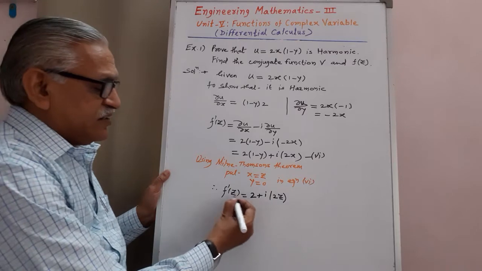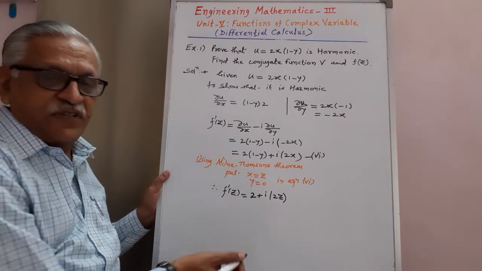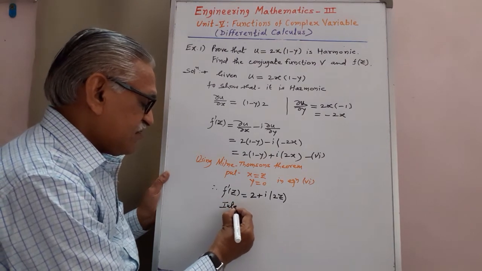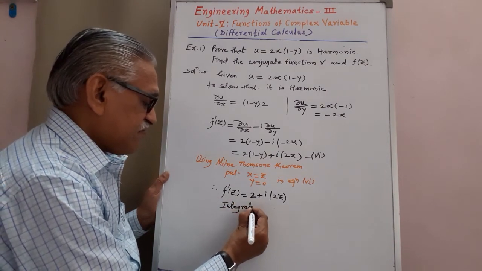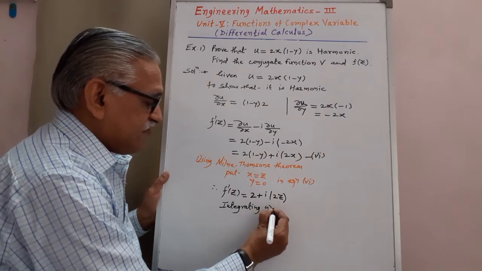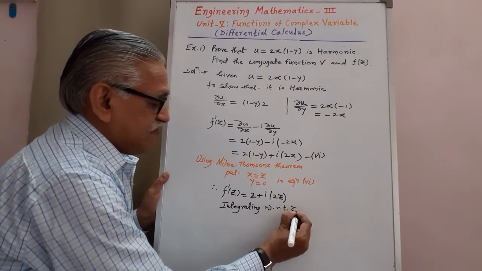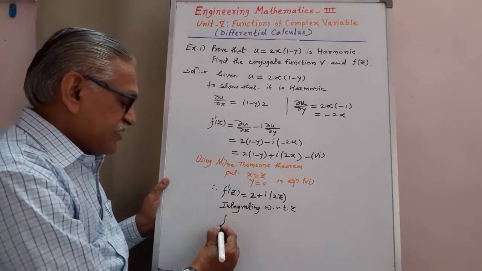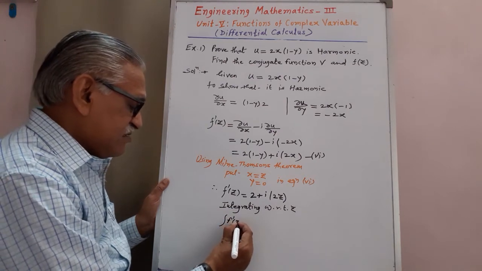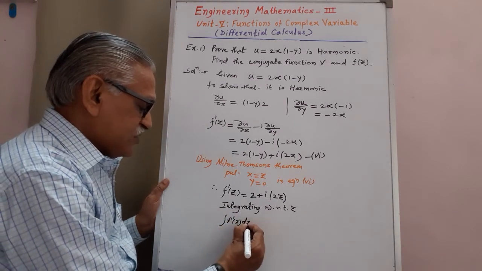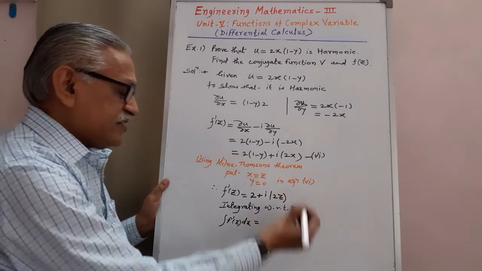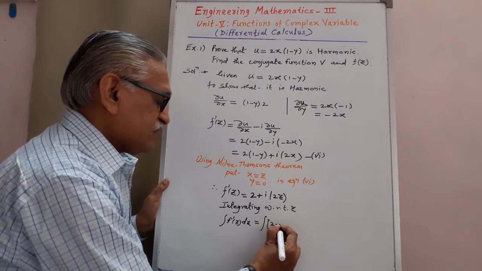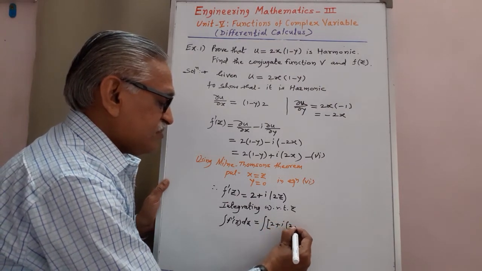Okay, it is a function of z, and therefore to obtain f(z) from f'(z), we have to integrate it. Integrating both sides with respect to z, we get the integration of f'(z) with respect to z, and on the right hand side it is the integration of 2 plus i times 2z.